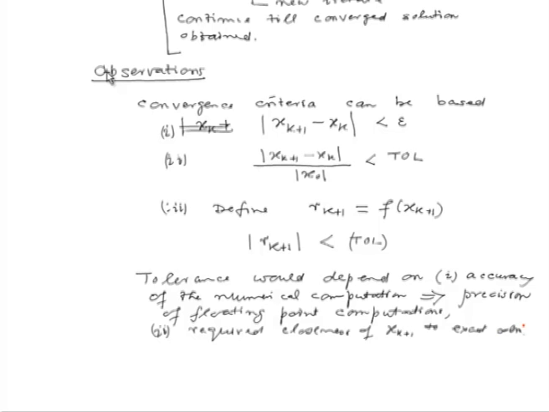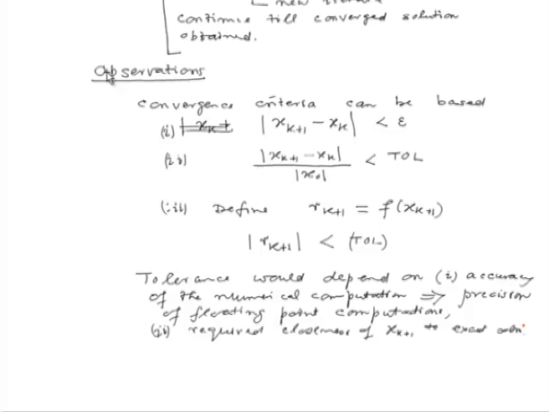There would be certain applications where we may not like to have a very accurate solution; even an approximate one will do our job. So, in that case we do not have to waste too much of our time. So, we can have what we call a broader tolerance or a looser tolerance, and if you want a very accurate solution, then of course we have to put a very tight tolerance.